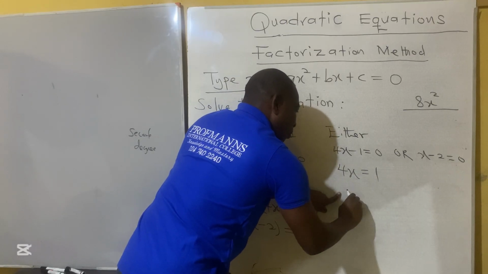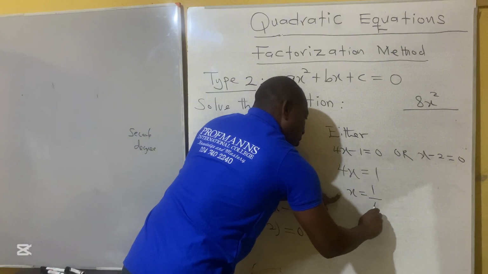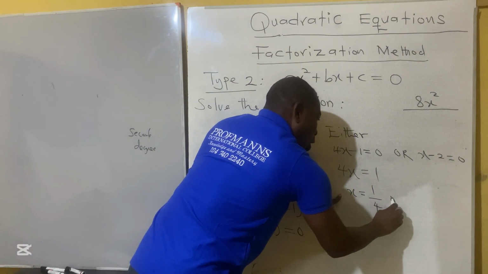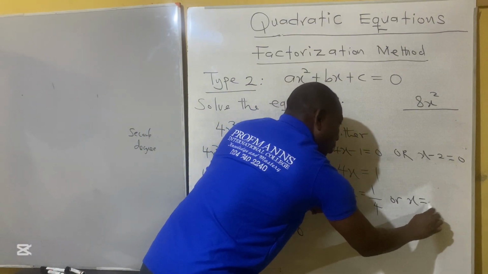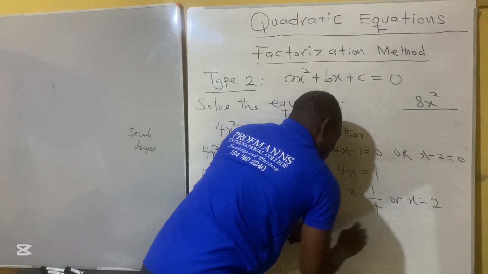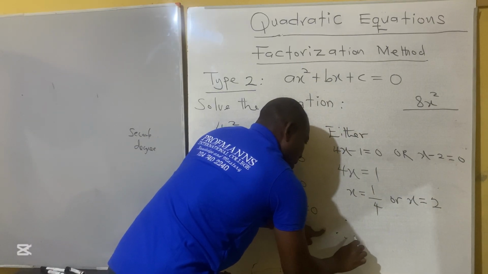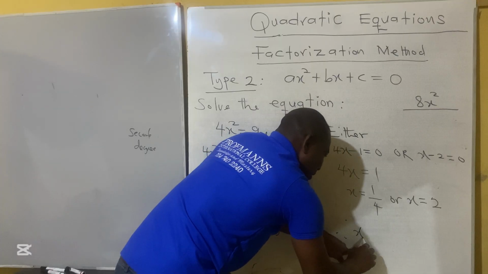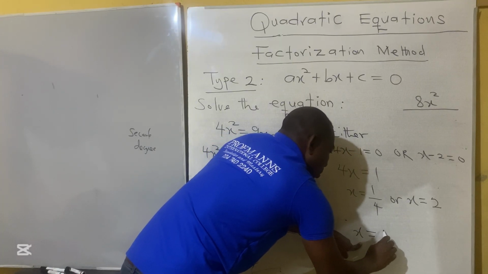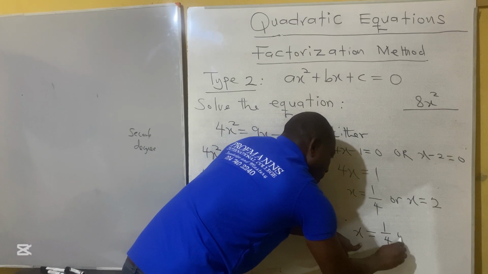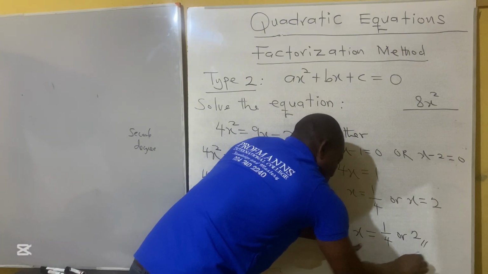We divide by 4, x is equal to 1 over 4. Or x is equal to, this crosses, 2. So we say, therefore, the roots of the quadratic equation are 1 over 4 or 2.